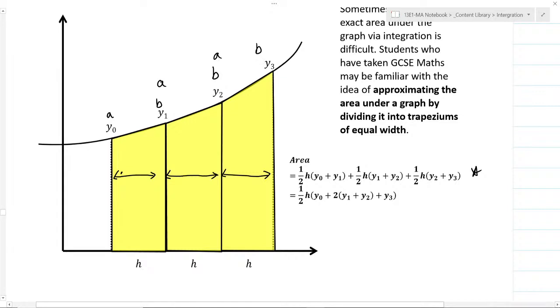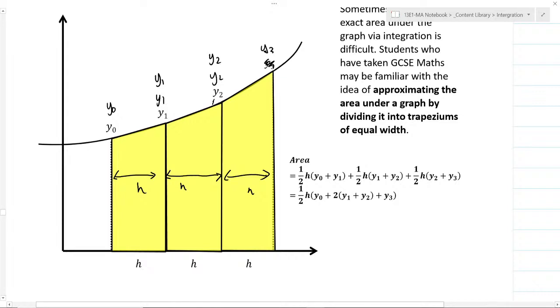Let me write on here which ones we're using. You'll see what I mean when I talk about this. So here we've got our h's: h, h, h. For your first trapezium, it's going to be y0 and y1. For my second trapezium, I'm going to be using y1 and y2. For my third trapezium, I'm going to be using y2 and y3.